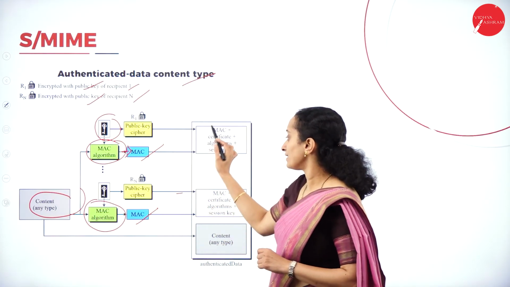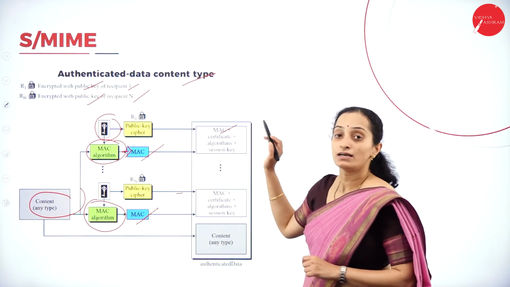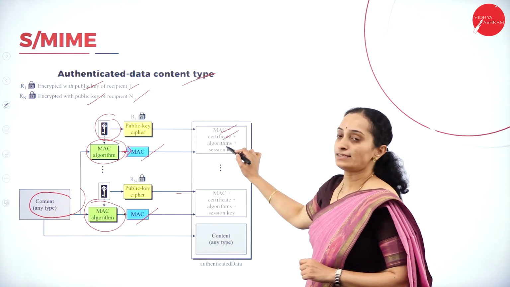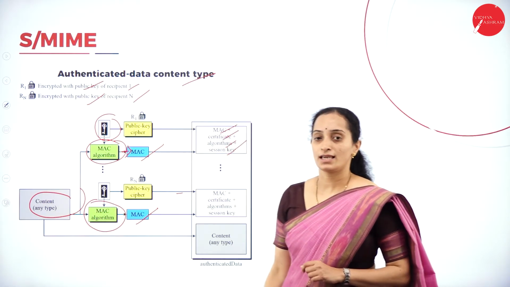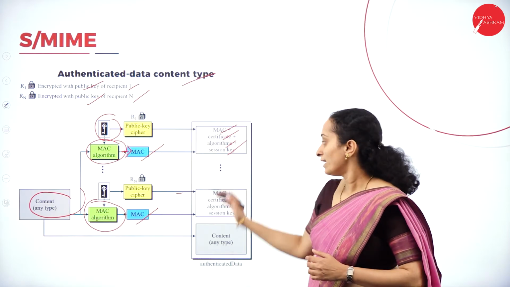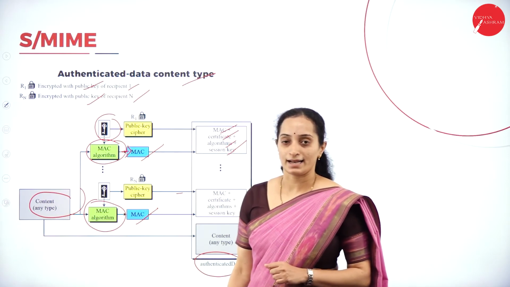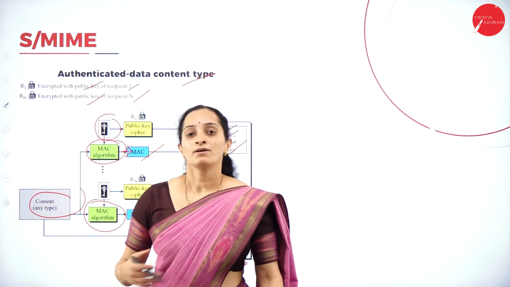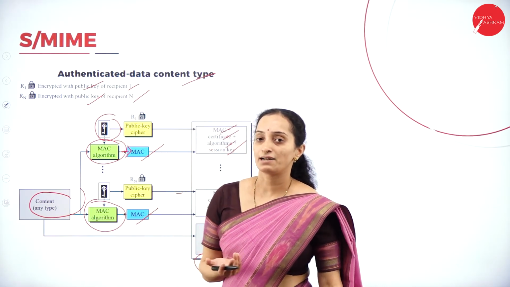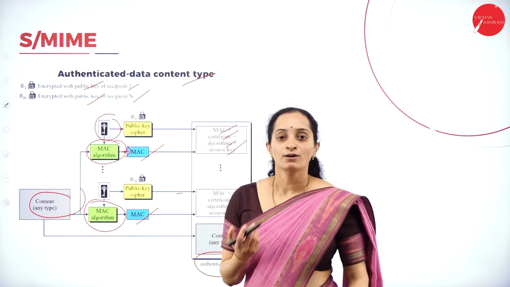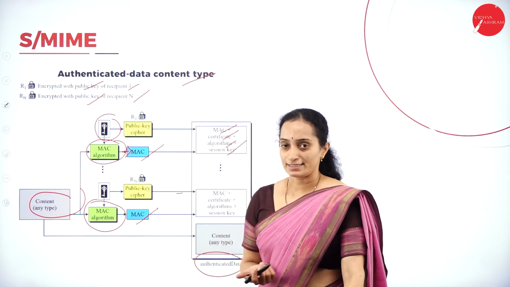So this MAC content will have the MAC certificates, the algorithms, the session key, all the things involved, and together these are called the authenticated data. This data will be forwarded over the network by MIME for the recipient.